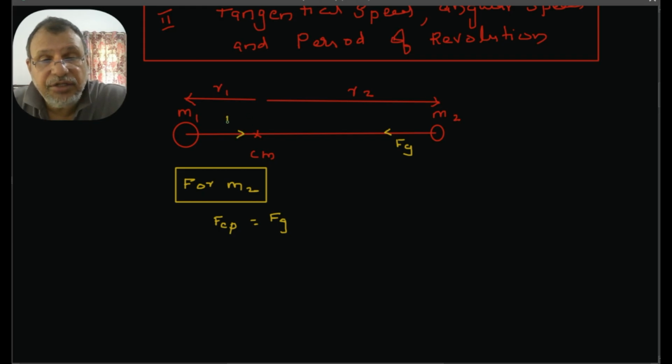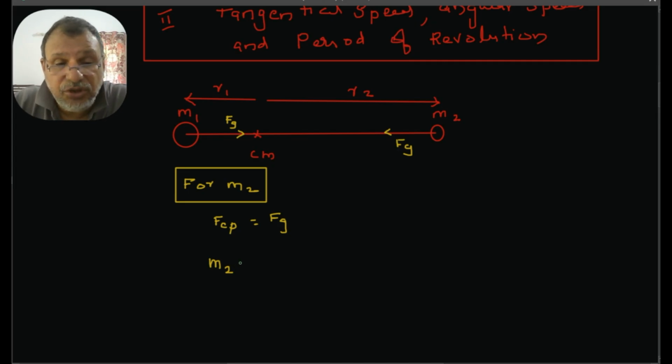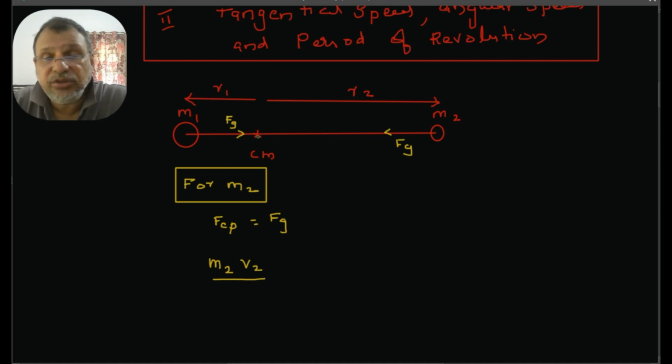We are considering M2 first, so we need to consider this one. So you can write m2, and let's assume that the tangential speed of the second body is v2, over the distance between the point about which m2 revolves and m2, that is r2.